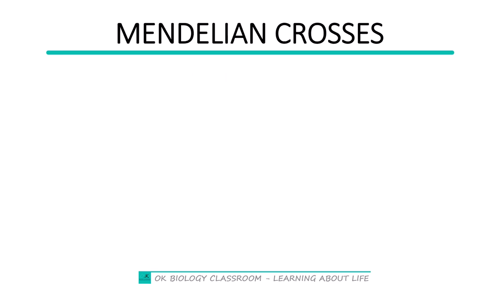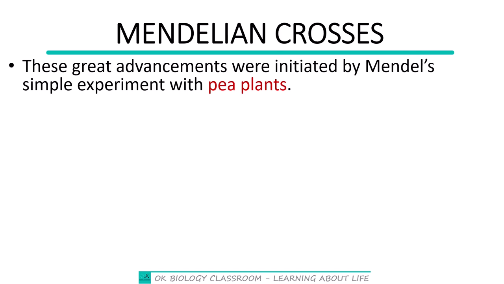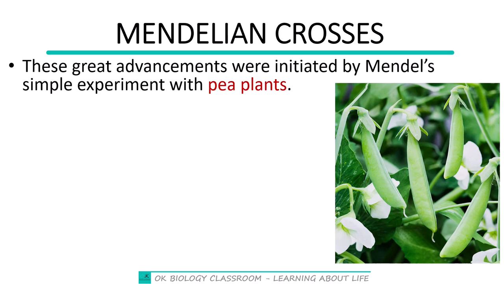Genetics has become a very great field now, but it started with a simple experiment by Mendel using the pea plant. This is the pea plant. Mendel considered 7 traits of the pea plant and tried to experiment using those 7 traits.